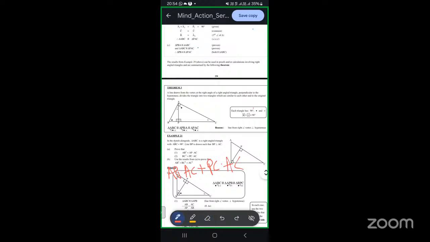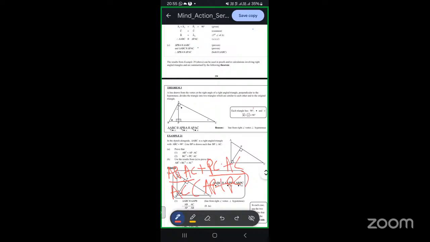Now we can see that we have got AC in this factor. We also have got AC in this factor. Therefore, we can factorize AC. We can have AC outside the brackets and be left with AP plus PC inside.